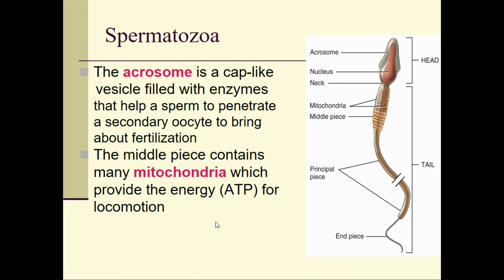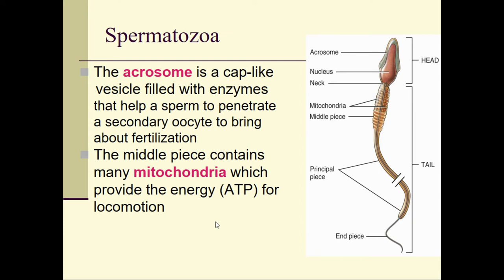And it has to basically digest its way through. So the acrosome will release the enzymes to allow the sperm cell to break that phospholipid bilayer and let that cell penetrate inside the egg. And then once it does, it will open up and deposit the chromosomes inside the cytoplasm of that much larger secondary oocyte.